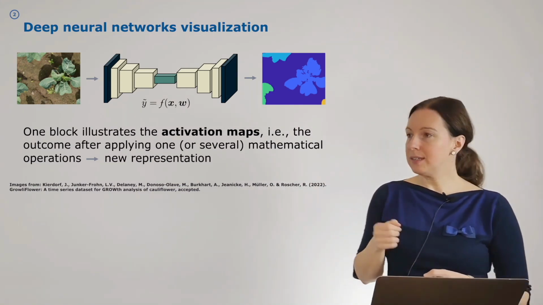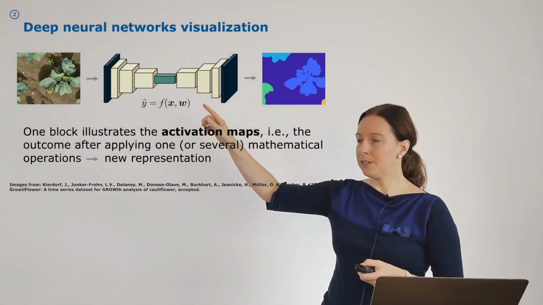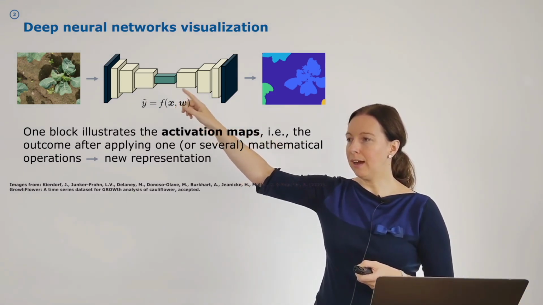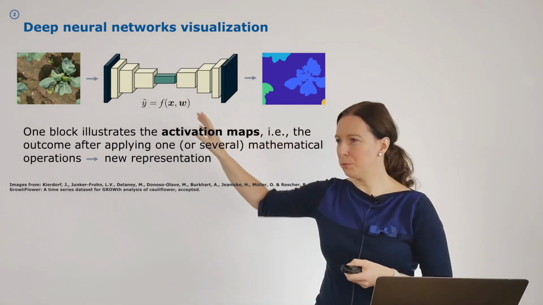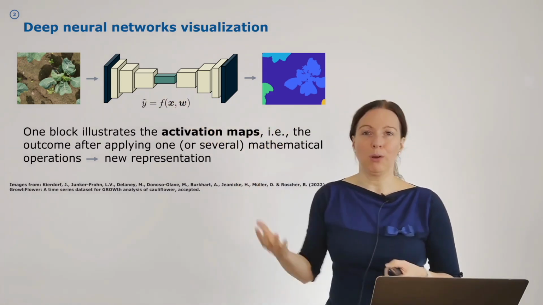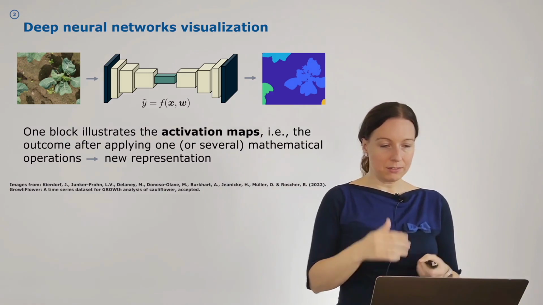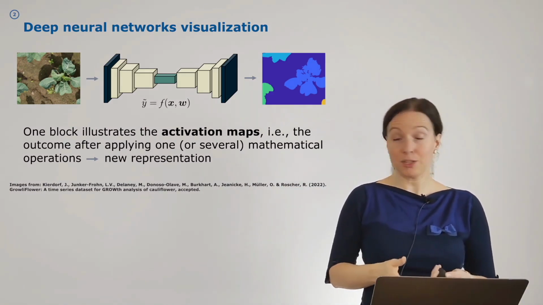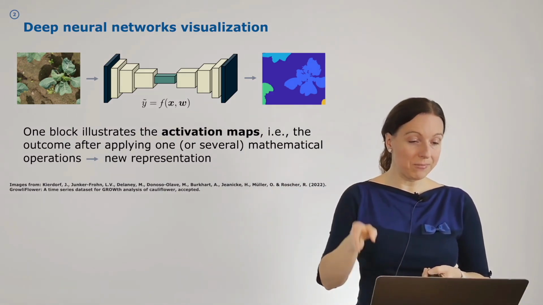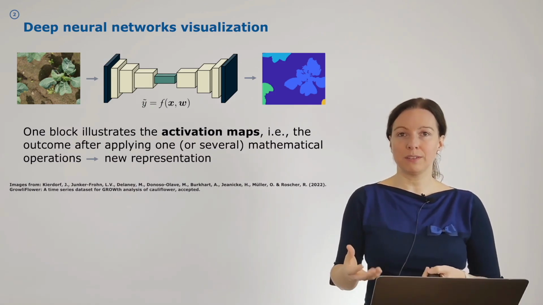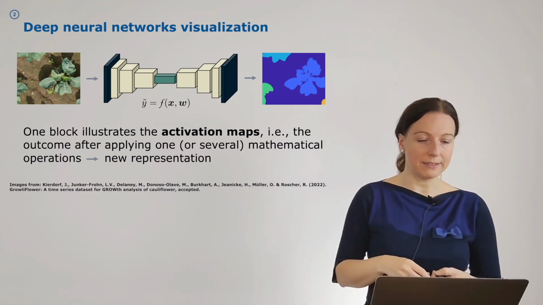What is illustrated here in beige and in blue, turquoise, green are blocks. One block illustrates the activation maps, that means the output after applying one or several of these mathematical operations.